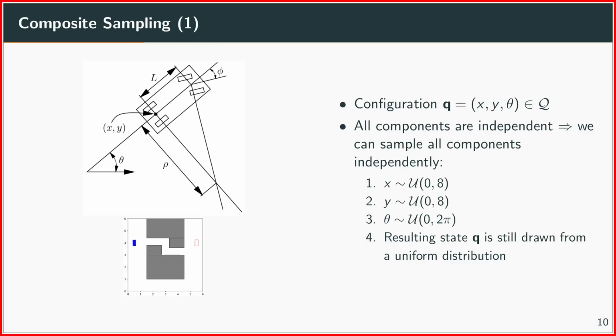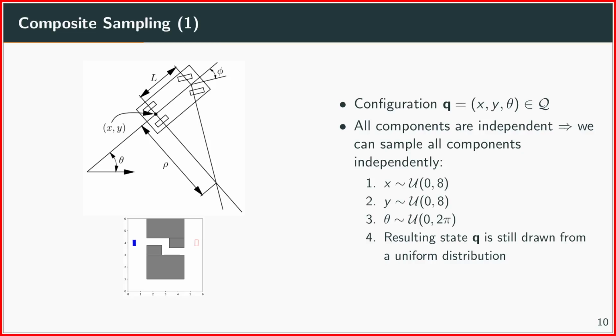Okay, so let's look at some examples. For example, if you have a small car robot here and you have a configuration, let's say, of x, y, and theta, whereby theta is the angle of this car robot, then you can see that all those components are independent, and if you want to sample, you can just sample all components independently.